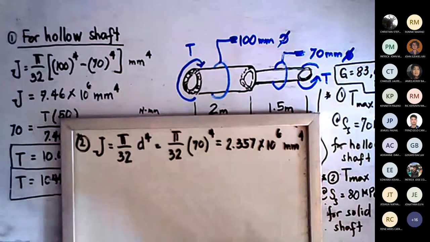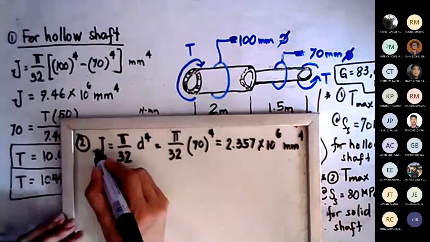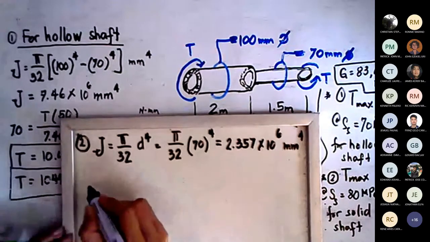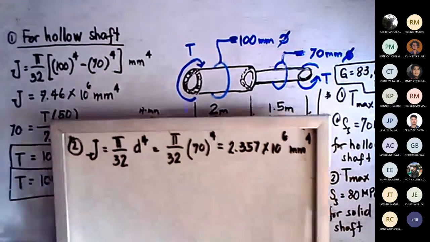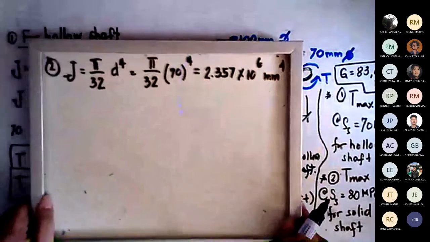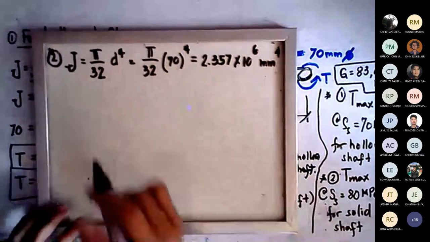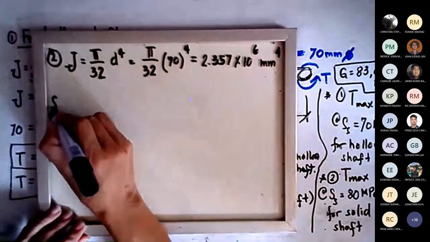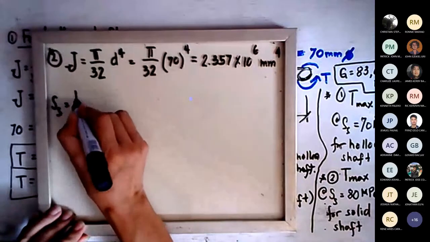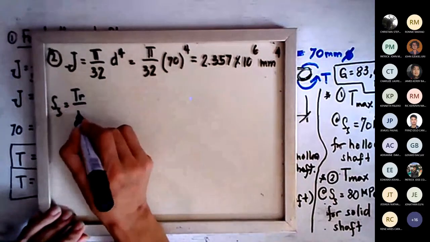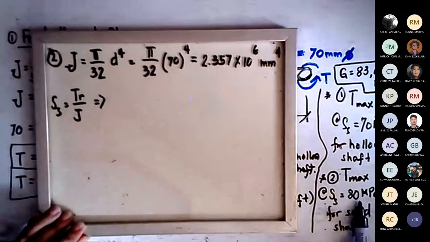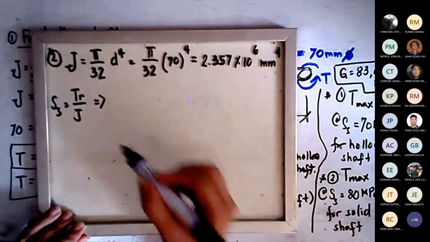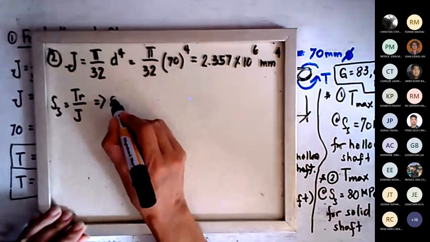Now, using this formula for polar moment of inertia, we are going to use the shearing stress. The formula for shearing stress is equals to TR over J. According to question number 2, the shearing stress is limited at 80 megapascal.